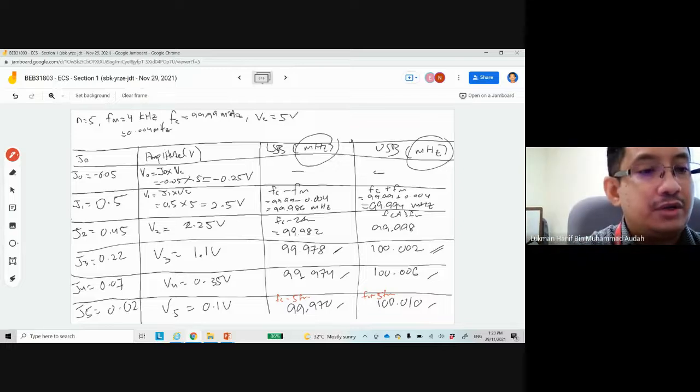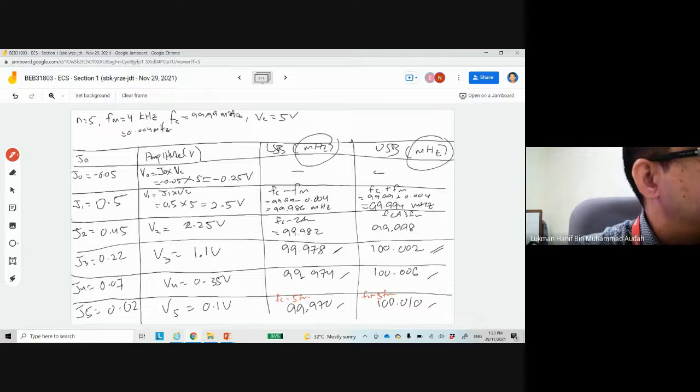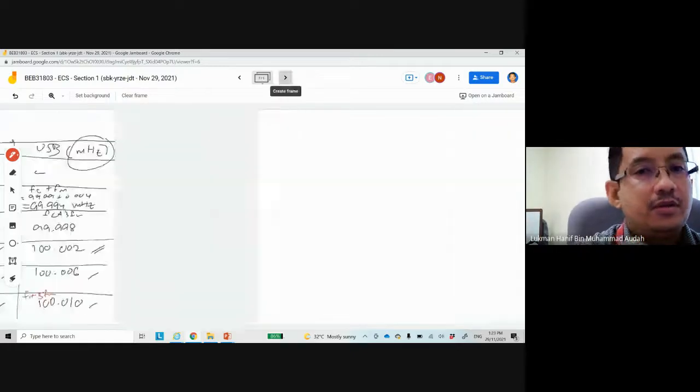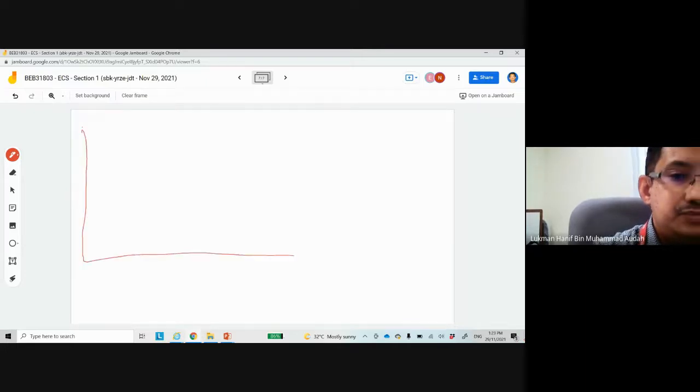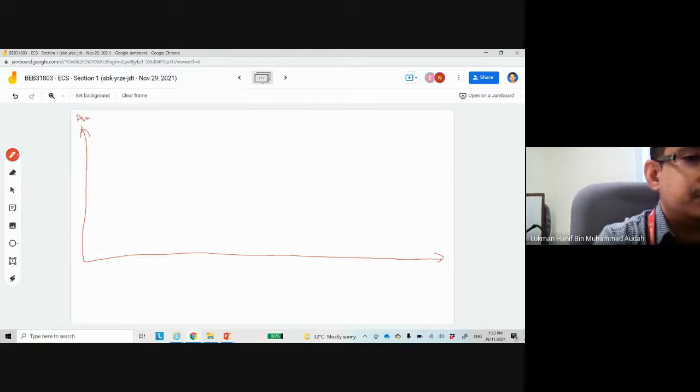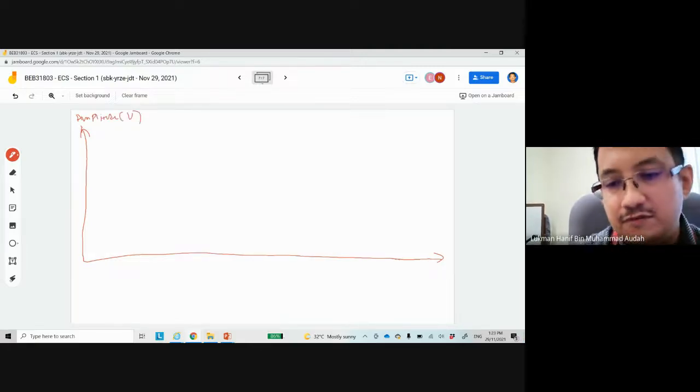So now we want to draw the amplitude spectrum. Okay. So belum selesai. So when we draw again, this is about amplitude versus F in megahertz.